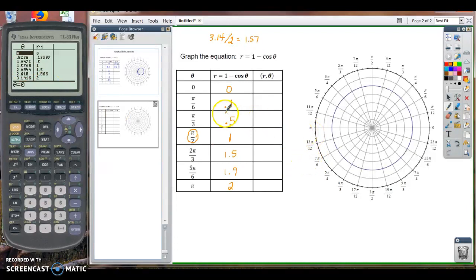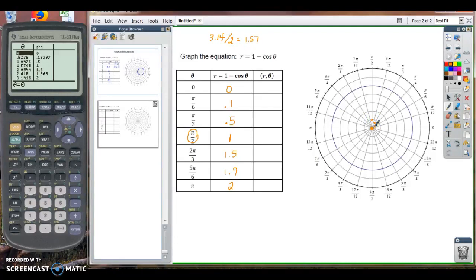So let's go ahead and plot these points. I've got 0, 0. Then at pi over 6, I'm at 0.1, so I'm just a smidge away here. At pi over 3, I'm at 0.5, right there. And at pi over 2, I'm here at 1.